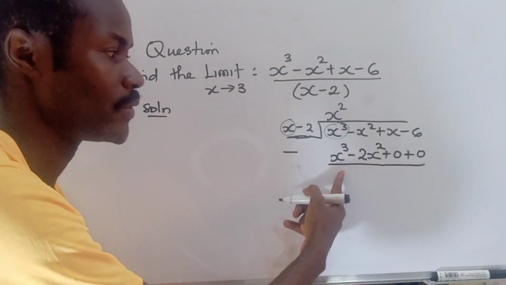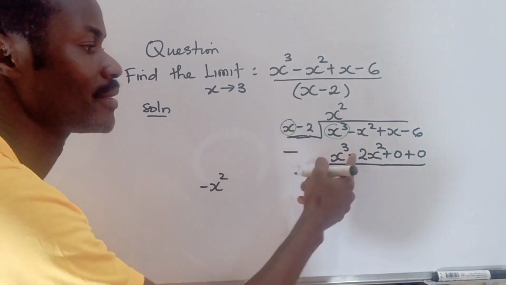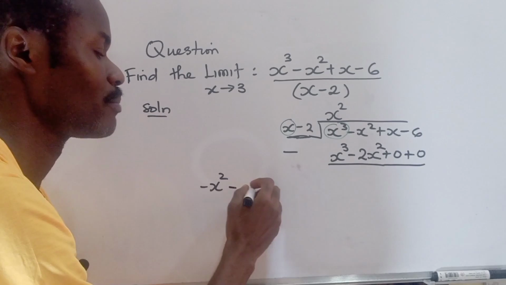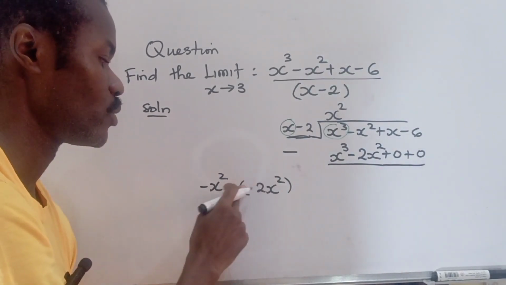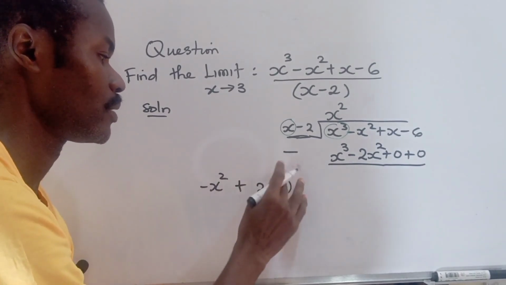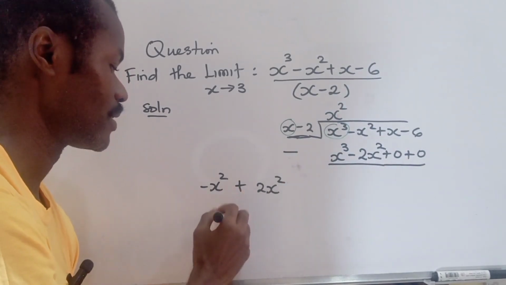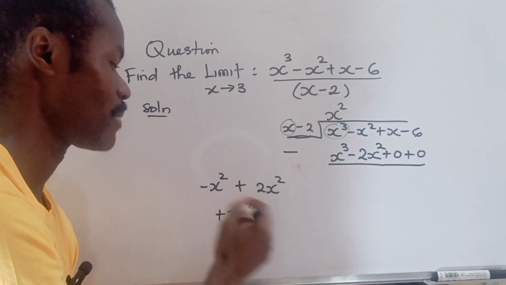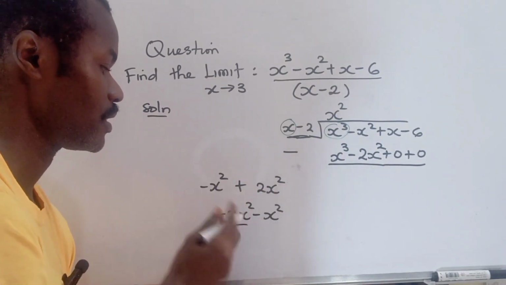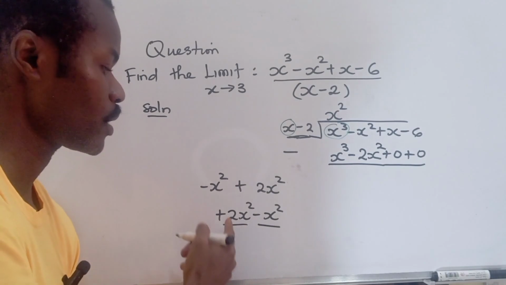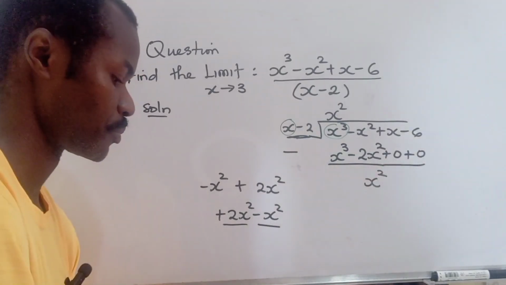We don't need to put down the 0. Now minus x squared minus minus 2x squared. Minus times minus is plus, so we have plus 2x squared minus x squared. This is still going to give me x squared.